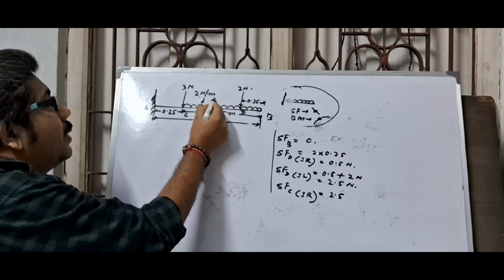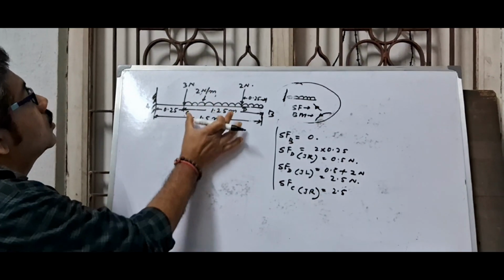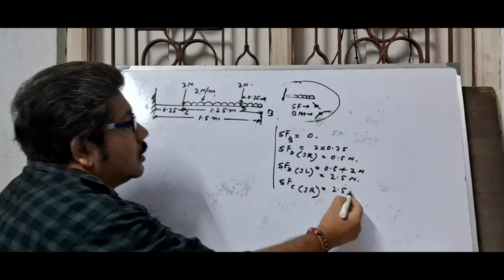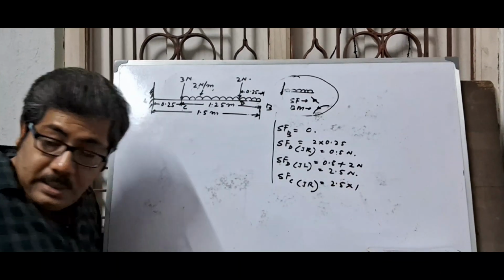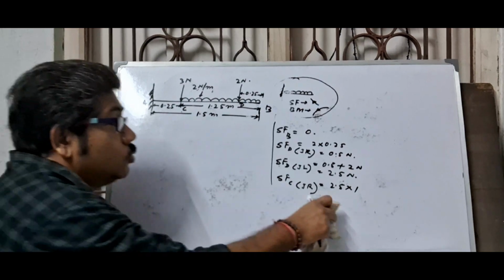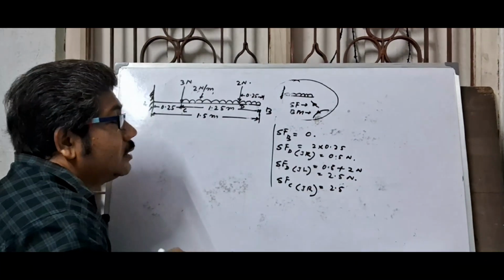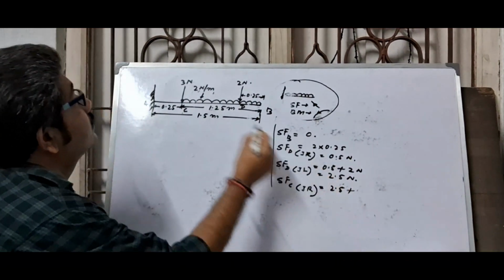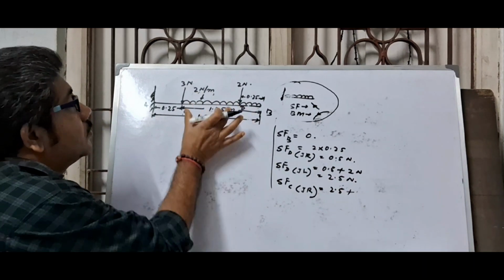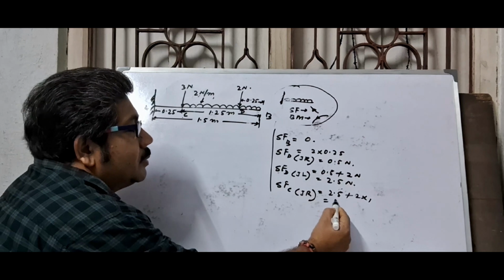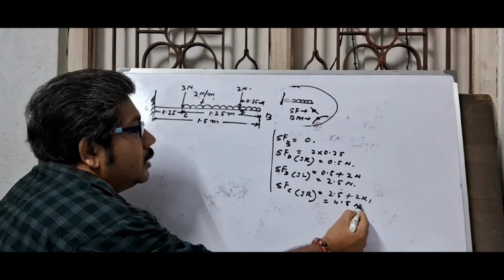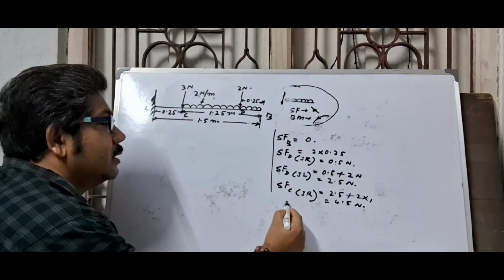So per meter 2, and here this is 1 meter. So the previous value is 2.5, plus per meter 2, and for this 1 meter this is 2 into 1, that means 4.5 Newton, just right.